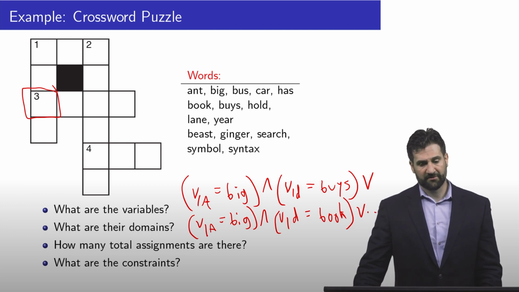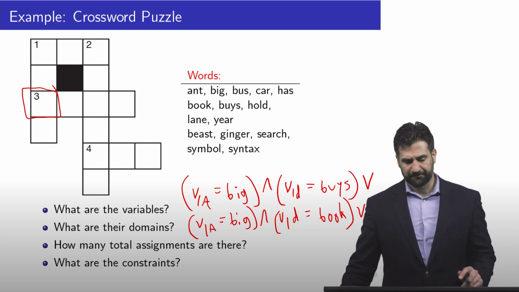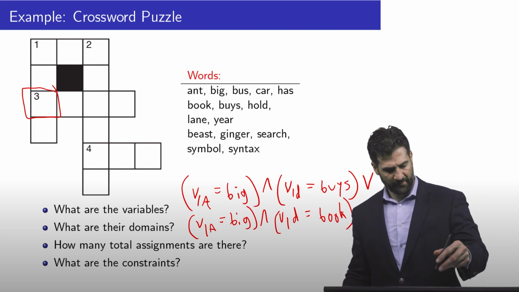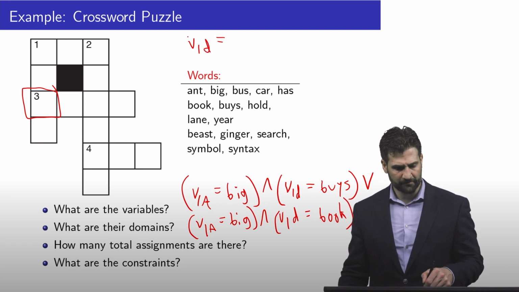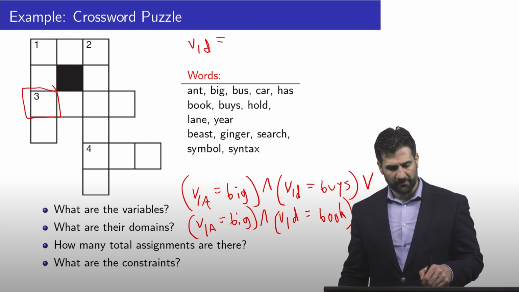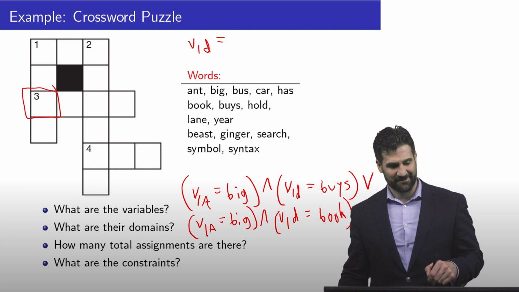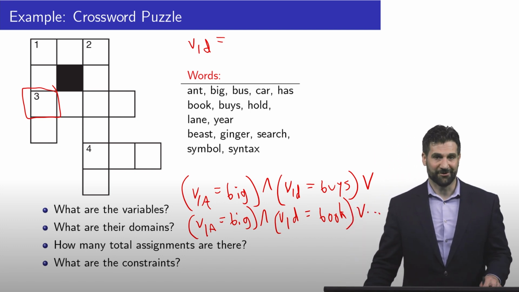As V3's first letter has to be B because that's the only assignment. Well, actually that's kind of revealing because there is no 4-letter word where the 3rd letter starts with a B. So there's actually no solution to this CSP.